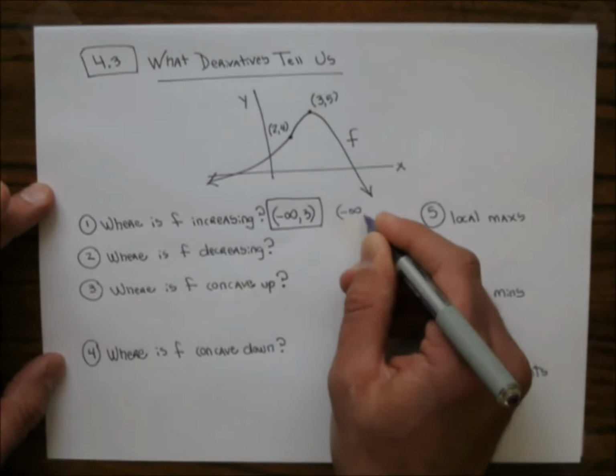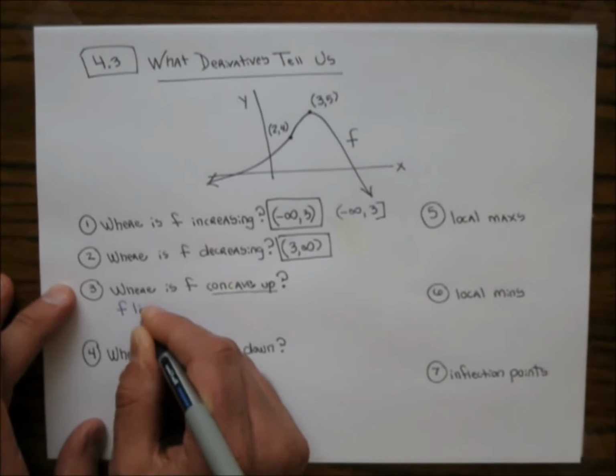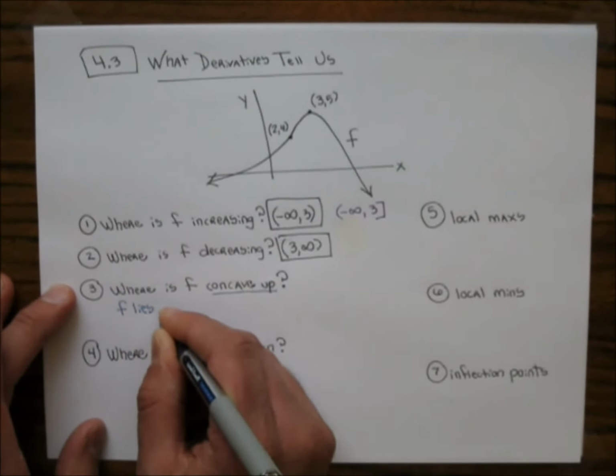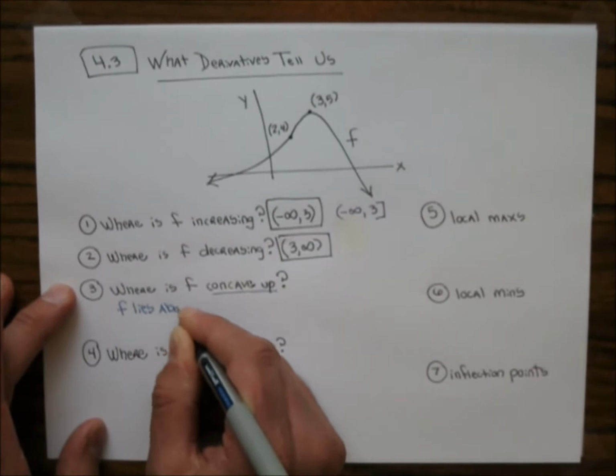Okay, now here's a new word, concave up. So where is this graph concave up? What does concave up mean? There's lots of ways to describe this, and maybe one of the ways is concave up means f lies above its tangent lines.